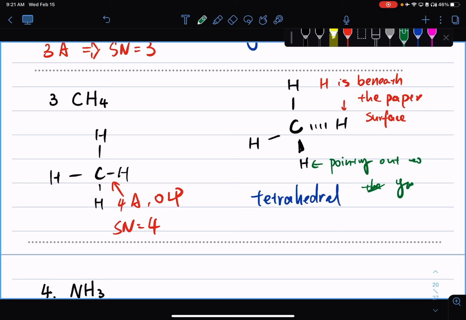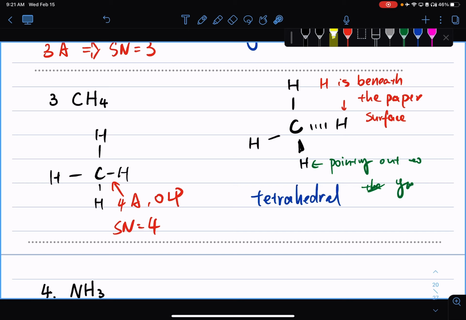This is the surface, and you define it by these 3 points, H, C, and H. These 3 points define the surface, and then the dashed hydrogen is going beneath the paper, and then the wedged hydrogen is coming out towards you. So you'll see these wedges and dashes not only in the tetrahedral, but in other molecular geometries. Just get familiar with it.